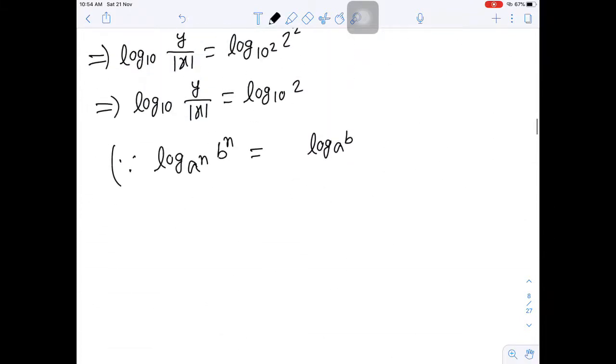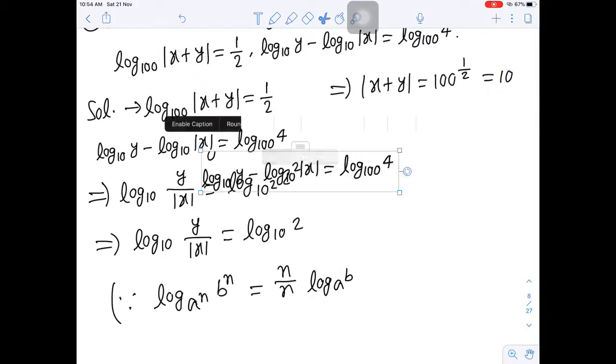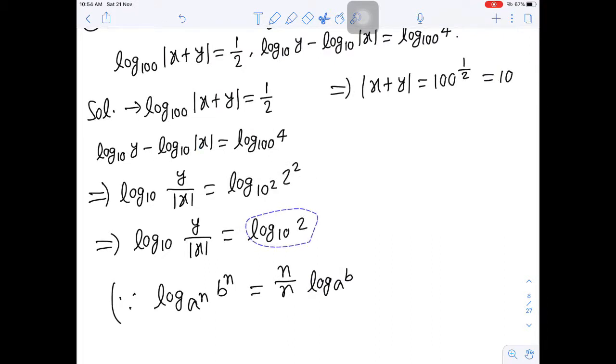Different numbers in the sense that here a and b can be different, because there it was a and b same. So outside we can write n by n. Here the power is the same, so n by n will get cancelled and we will get log b base a. So ideally we should write outside the ratio of the powers, so 2 by 2. But because 2 by 2 is nothing but 1, we will get log 2 base 10.